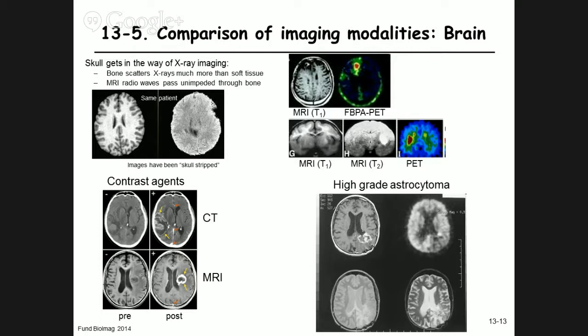Is this a T1 weighted image? Yes? No? Don't know? T2 weighted image, anyone? No? CT image? No. This is a T1 weighted image. Fat is bright, and this is post contrast.